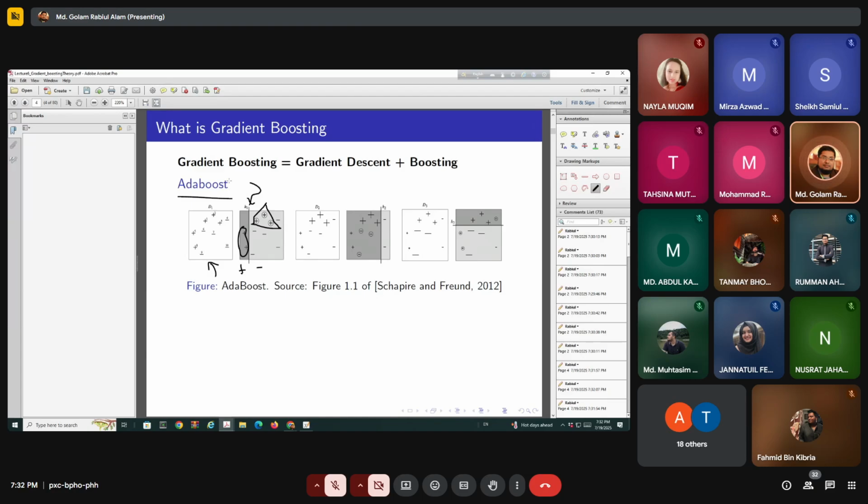Then in AdaBoost, what we usually do is identify the misclassified instances. Here we can see three positives are the misclassified instances, and then we increase the weights of these misclassified instances to pay more attention to them, so that if we construct the next weak learner, it can successfully classify those instances.